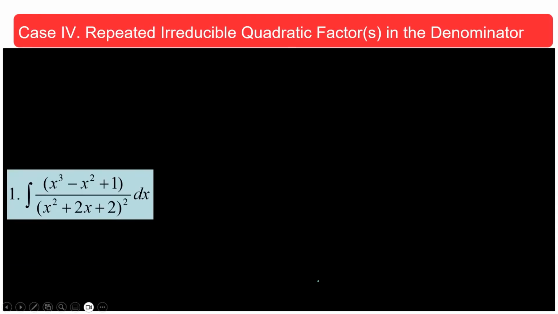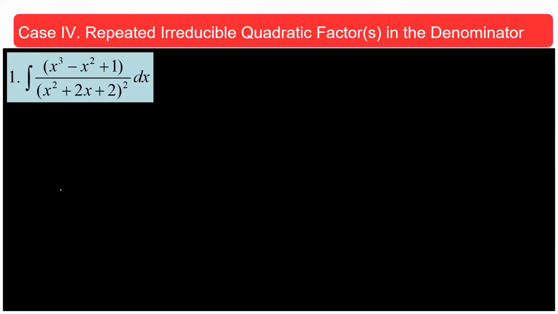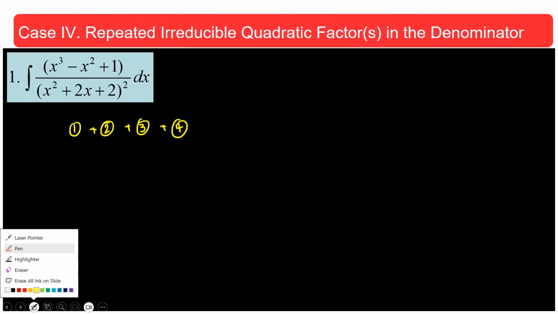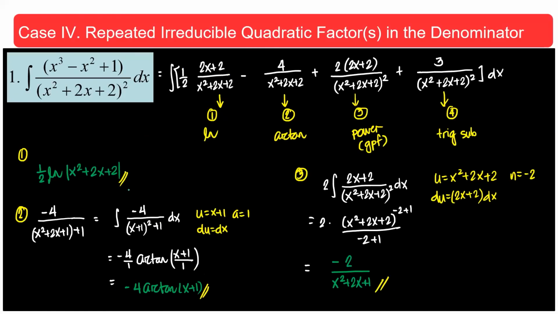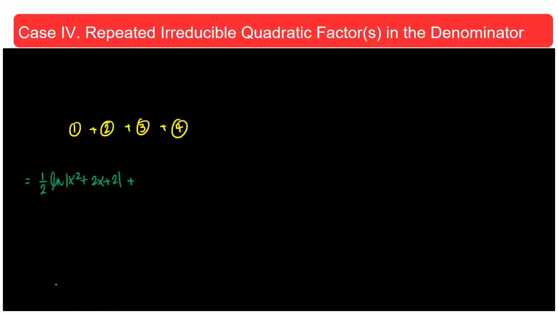Okay, therefore, what would be the final answer? The final answer would be 1 plus 2 plus 3 plus 4. It's a bit tiring, yes, but we don't have an option. So what's the answer? 1/2 ln of x squared plus 2x plus 2 plus ano yung b natin? Number 2, minus 4 arctan x plus 1.